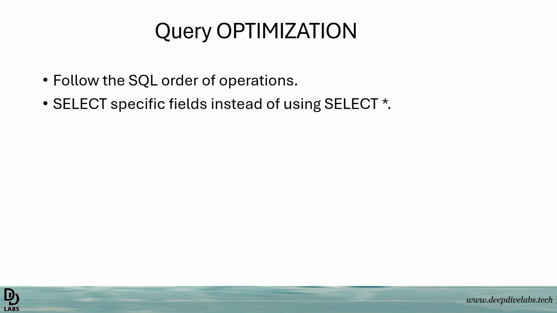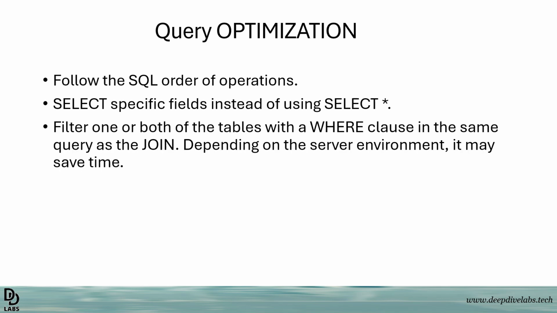Some of the examples we saw earlier all did select star, but especially when a table has multiple columns, the performance of your query increases when you use specific columns. You also want to filter one or both of the tables with a where clause in the same query as the join, if you want certain conditions on which you join the tables. Depending on your server environment, it might save time.